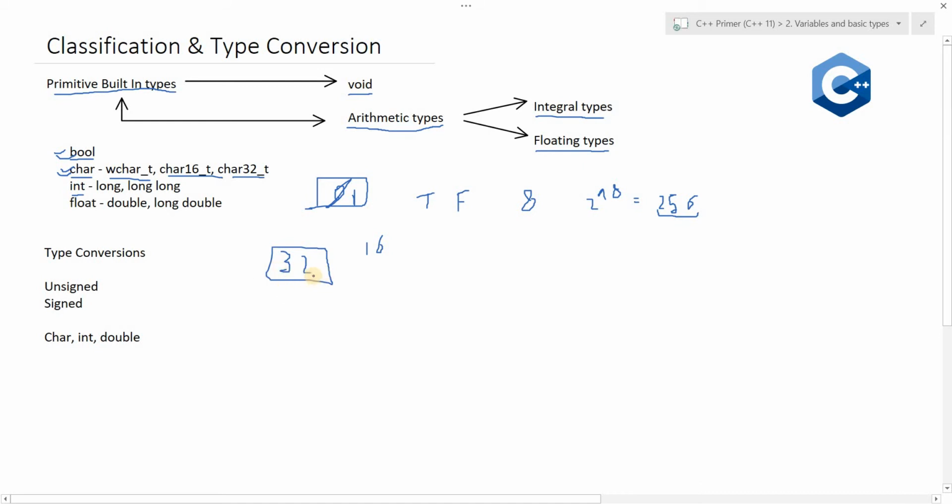So in a 32-bit compiler, the size of int is 32-bit. If it is a 64-bit compiler, then the size would be 64-bit. Okay, and similarly the sizes of long and long long can all be found online.